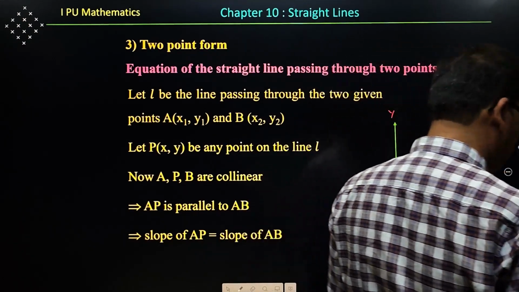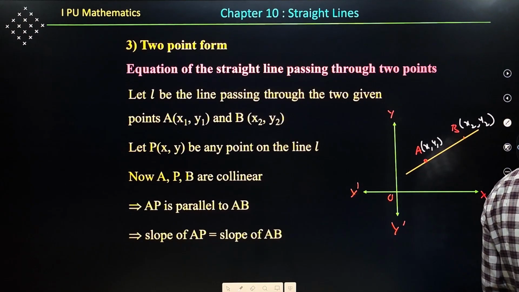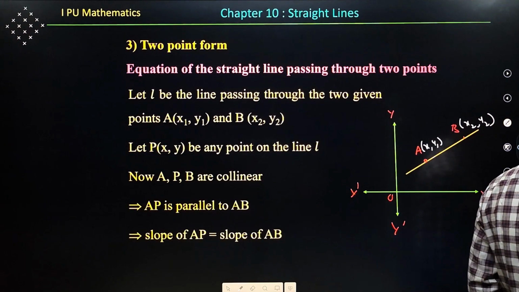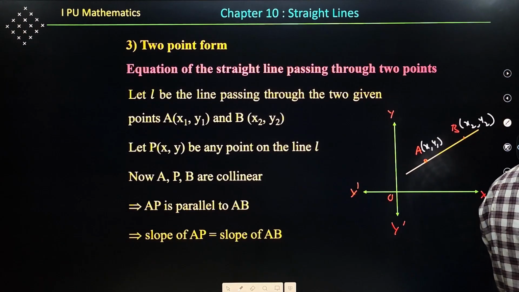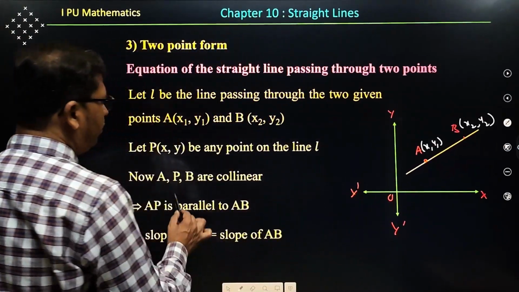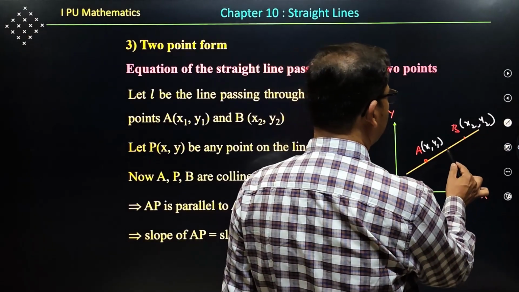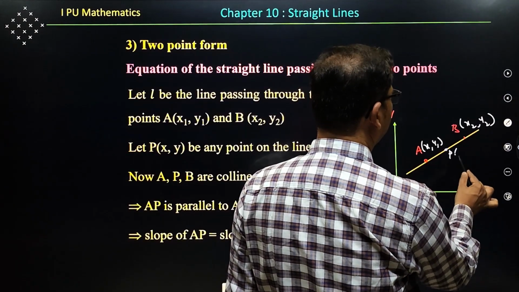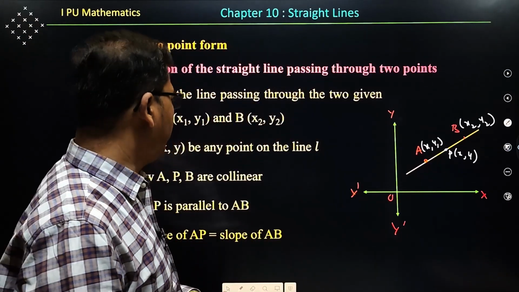So these are the 2 points. Here, choose P of x, y to be any point on the line. Say this is the point P of x, y. This is any point on the line.